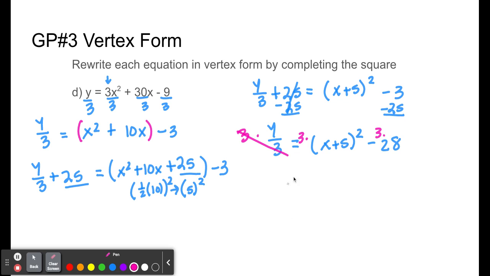And that leaves us with a vertex form of y equals 3 times x plus 5 squared minus 84. And that is rewriting into vertex form by completing the square.